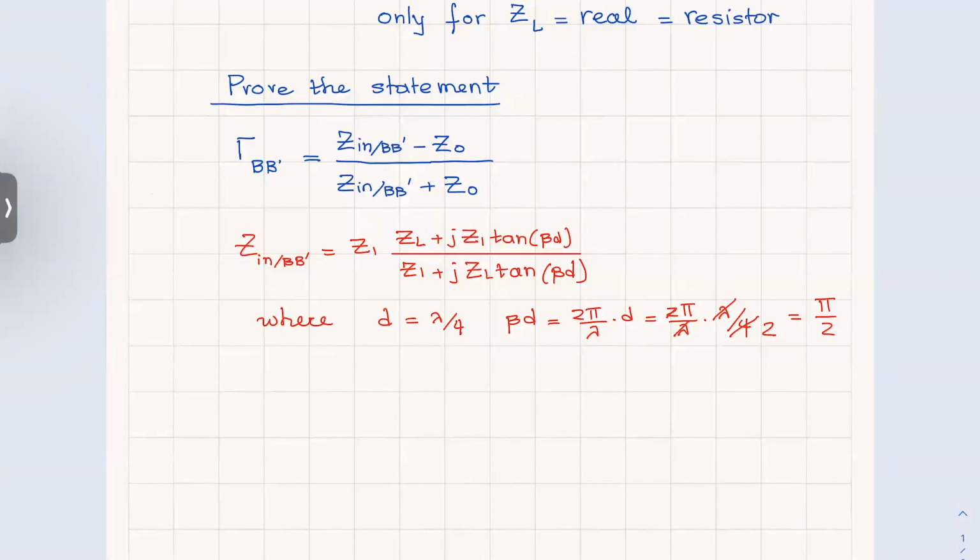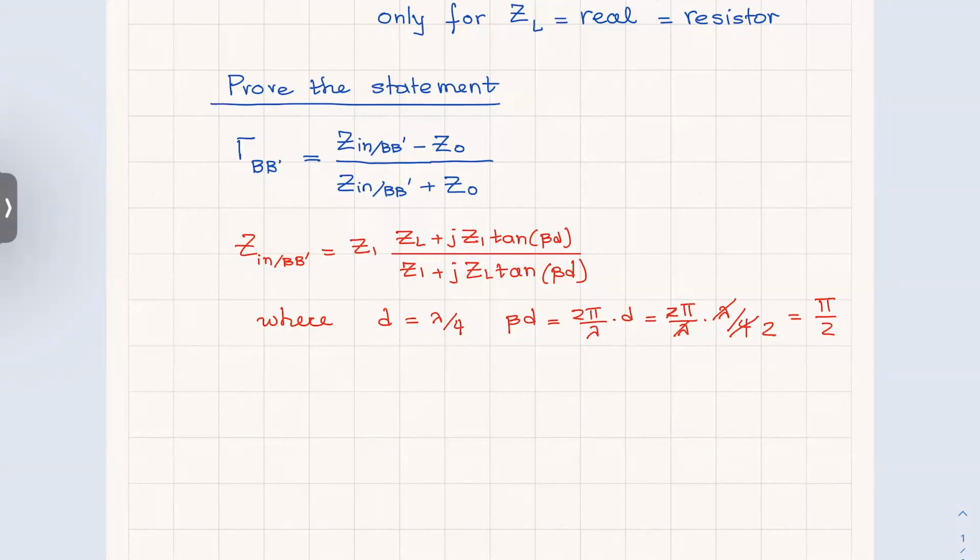That one, you're going to have to have at your fingertips. The tangent of pi over 2, how much is it? Who is going to tell me? Yeah, it approaches infinity. Why? Tangent is sine over cosine. How much is the cosine of pi over 2? Zero.